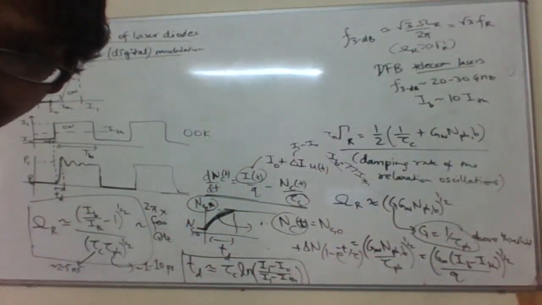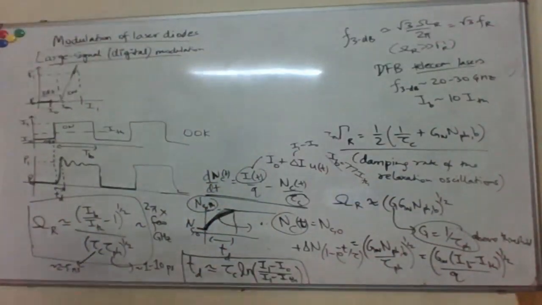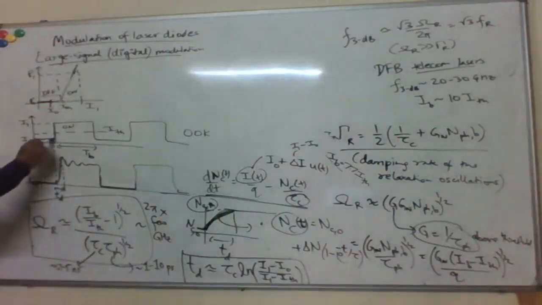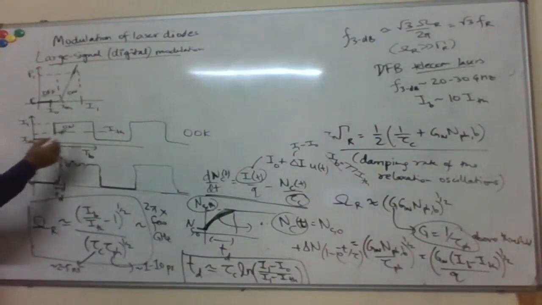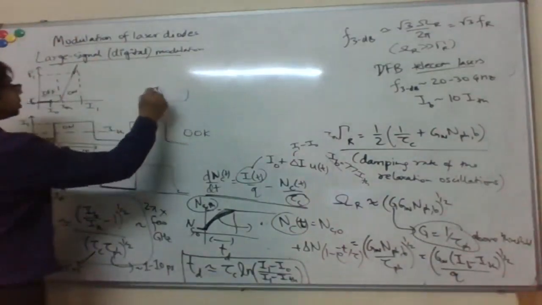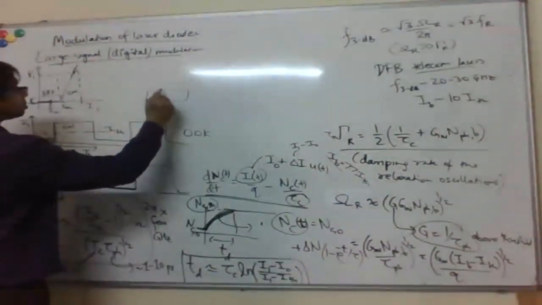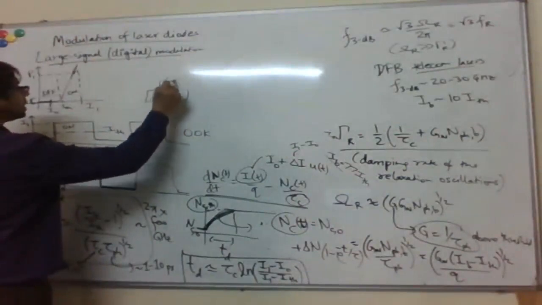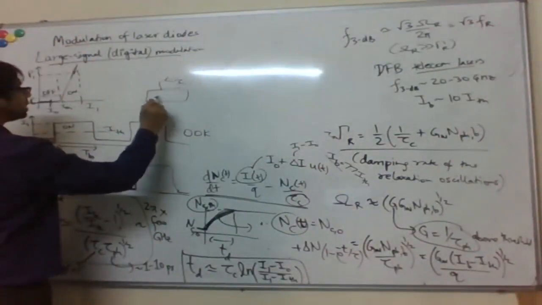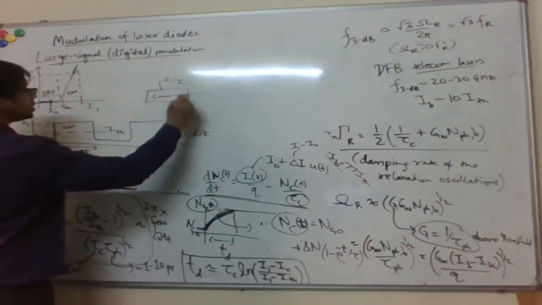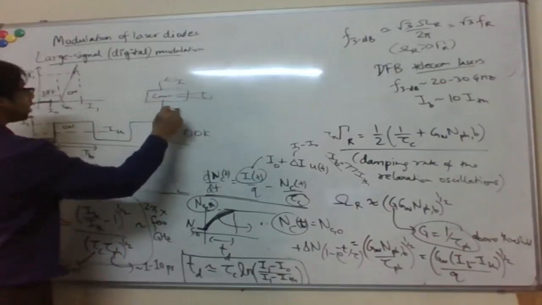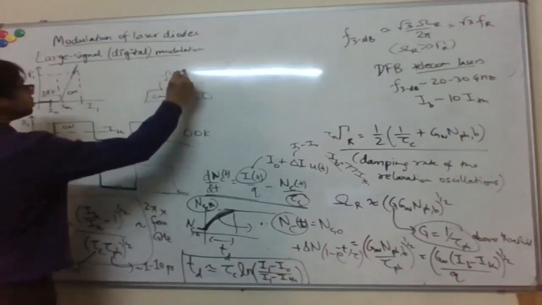There's a question: can you bring out the physical significance of I0? What do you mean? This is just the current that I'm sending into the laser for bit 0. I'm sending some current into the laser device, giving me some optical output power.